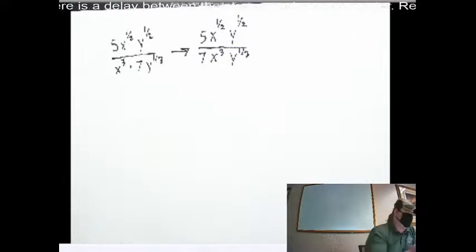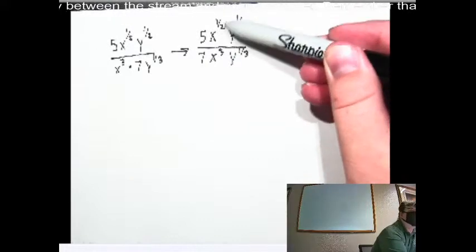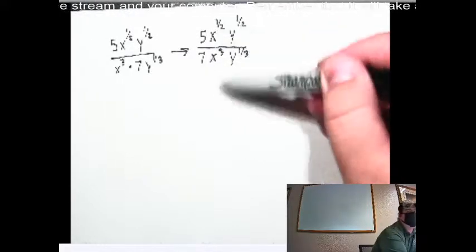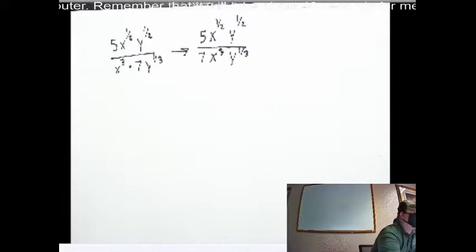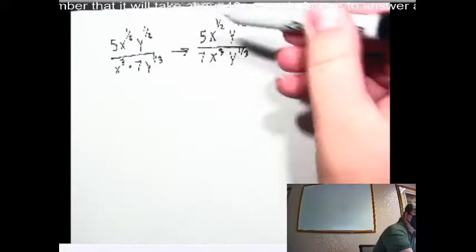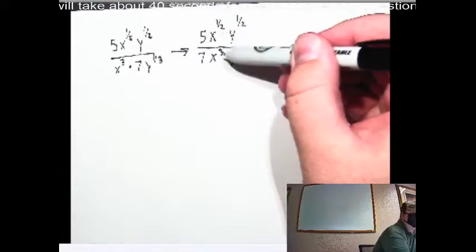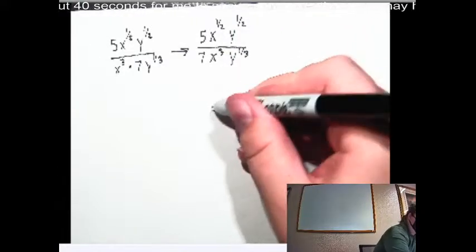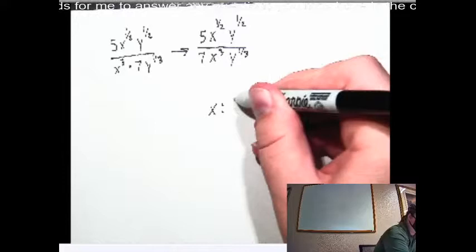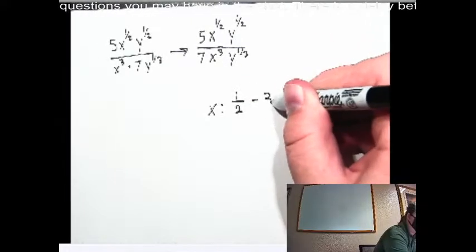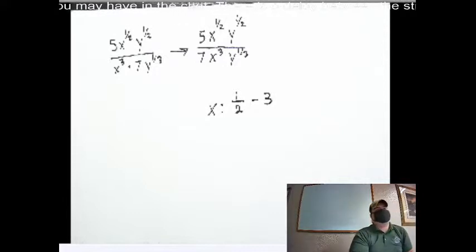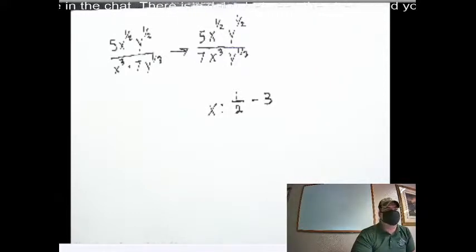So, remember, we have exponents on these numbers and we're dividing. So what are we going to do with these exponents? Add, subtract, multiply, or divide? Subtract. So what we really have here is 1/2 minus 3 for the x. Now, in order to subtract this, what do I need to do with 3?